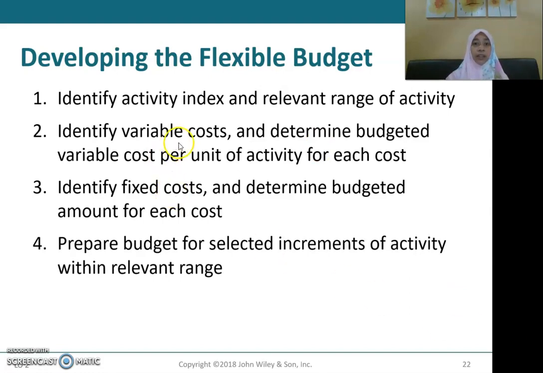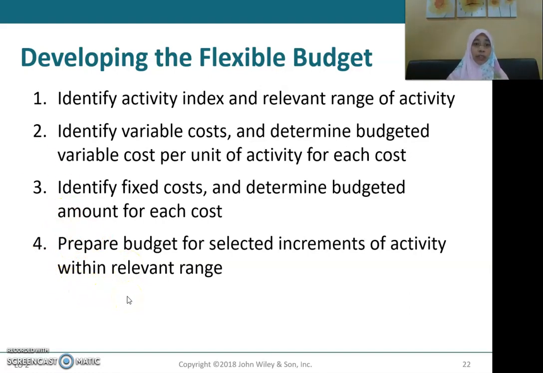Then you identify the variable cost, and from there you determine the variable cost per unit as we have done just now. Then you identify the fixed cost, and determine the cost for each of these items. Next, you prepare the budget based on the level of activity within the relevant range, in this case 12,000.